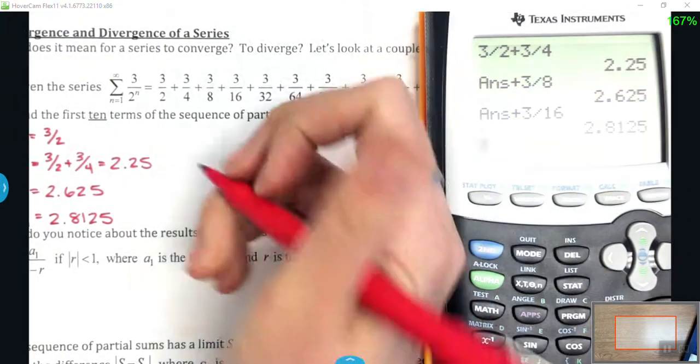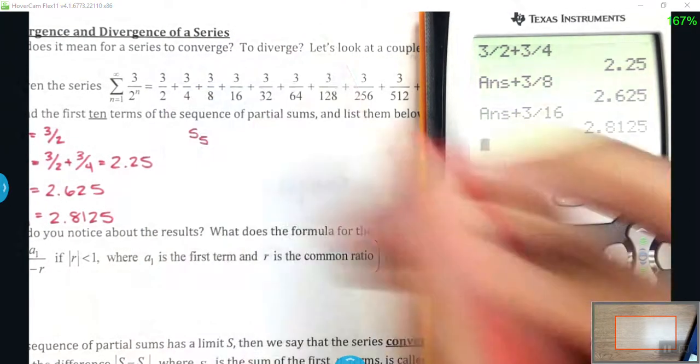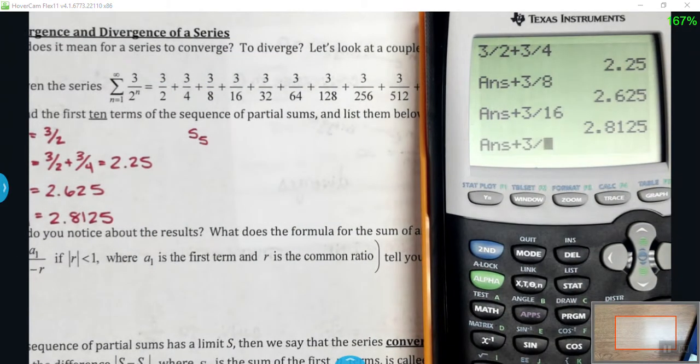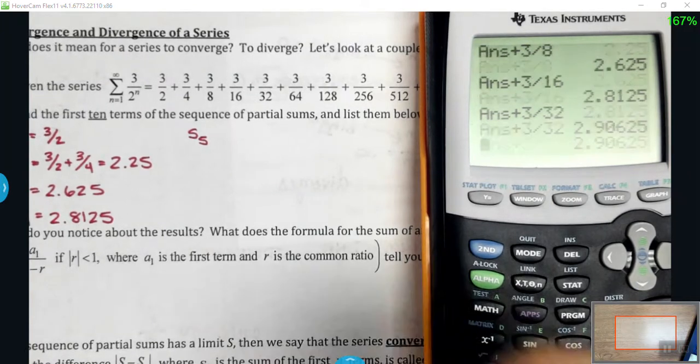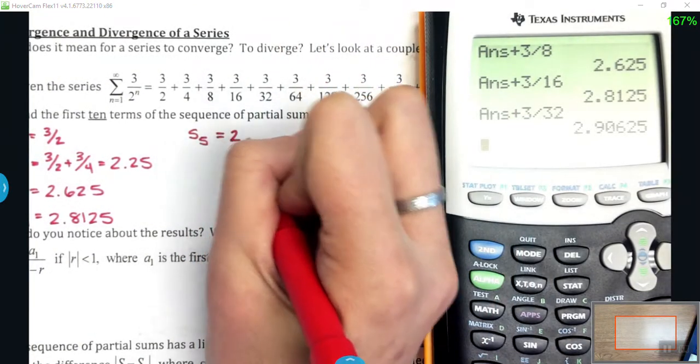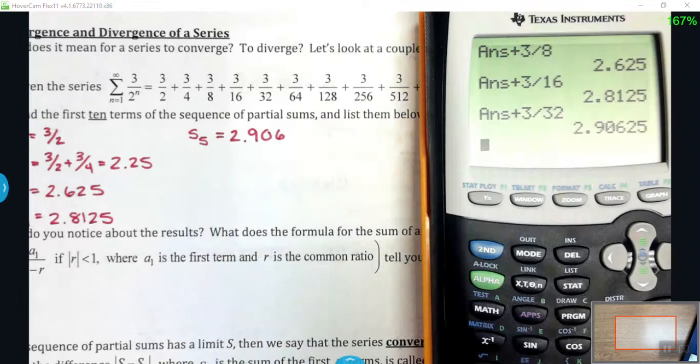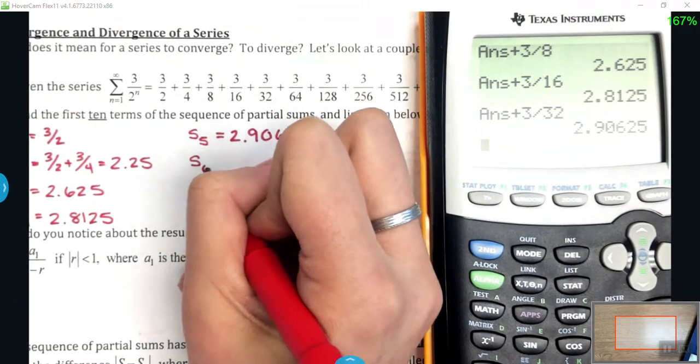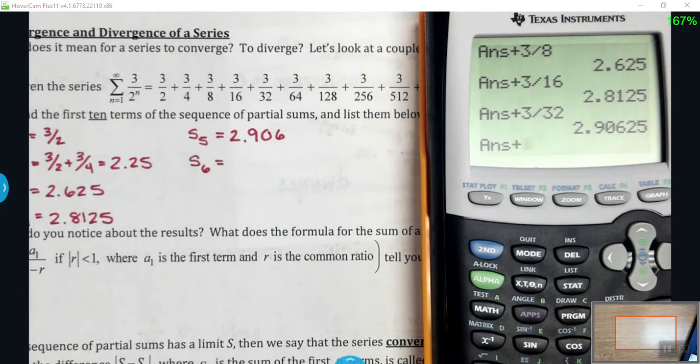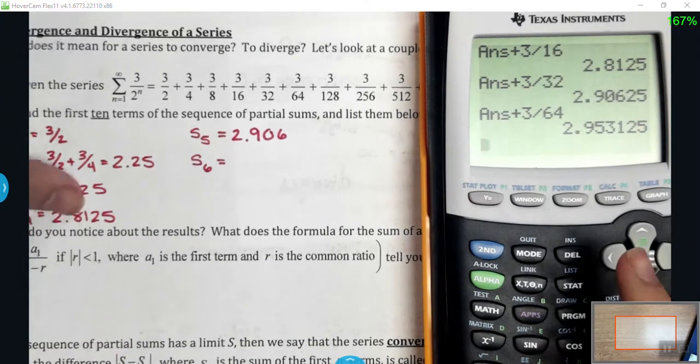Up to 5 terms is 2.906. So it converges to 3.